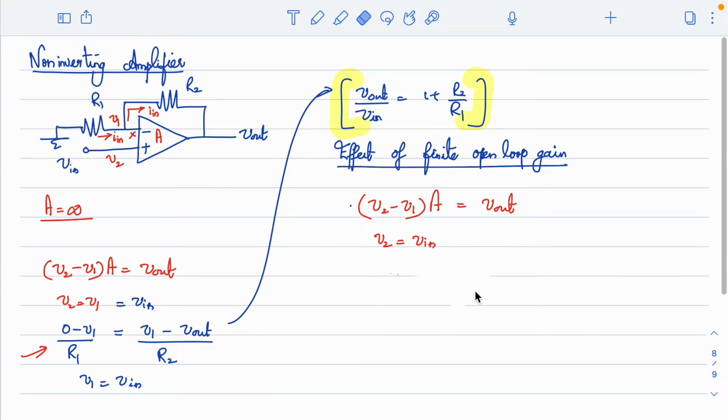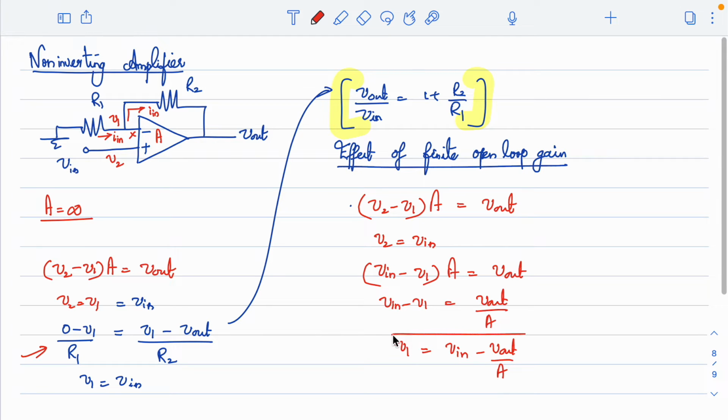Let me write it in this way. V2 is V in, so V in minus V1 into A is equal to V out, or I can write it as V in minus V1 is equal to V out by A, or V1 is equal to V in minus V out by A. This is the only difference, right?